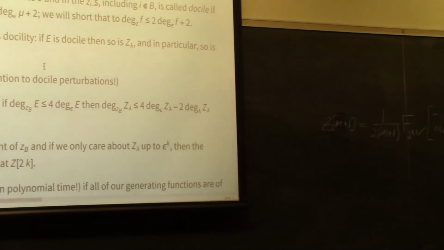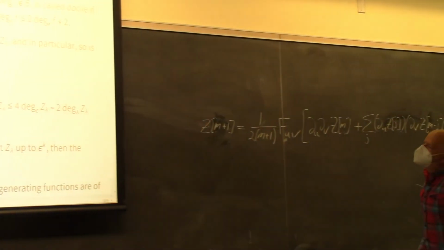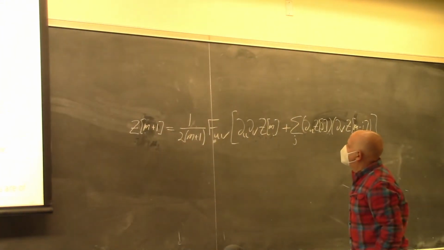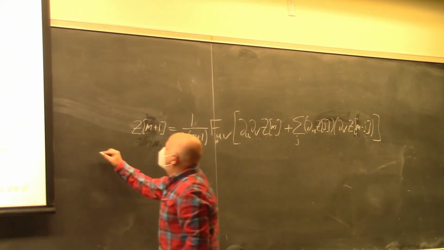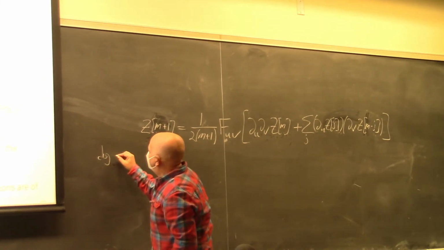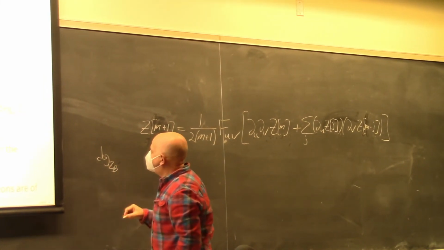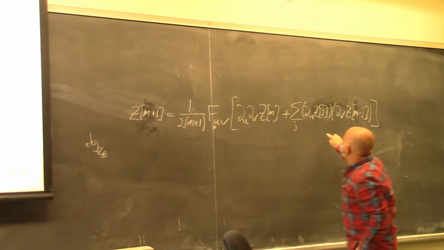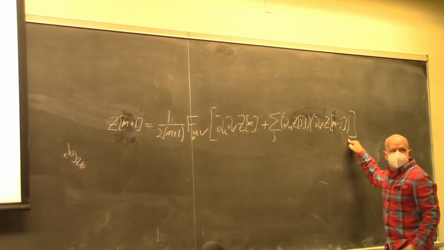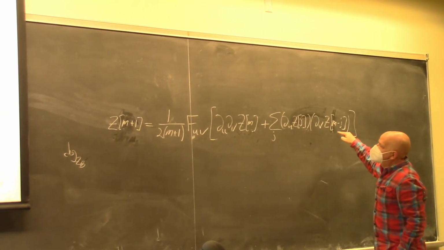So what do I want to do? Right, so let's write the degree with respect to the variable zb in each of the terms that appears here. Okay?